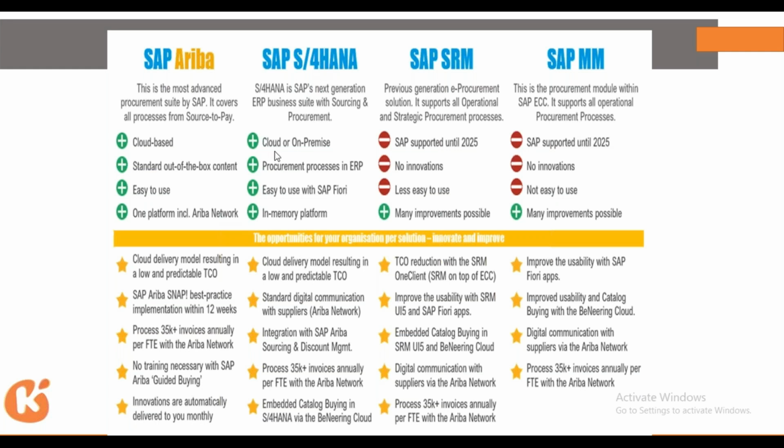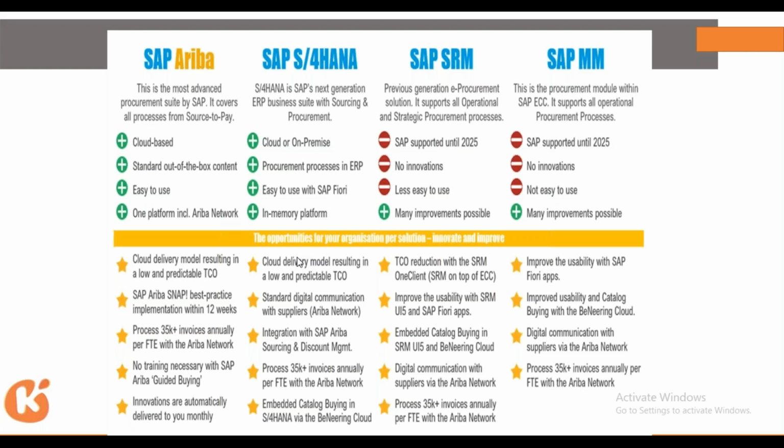This S/4HANA offers two types of solutions, cloud and on-premise, and it also offers the procurement process. I have just added the procurement part here, but apart from procurement, other solutions are also available in S/4HANA. And in S/4HANA, we have the Fiori app as well.